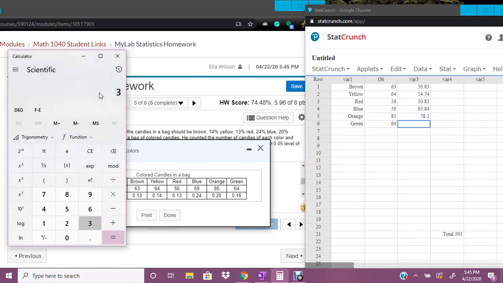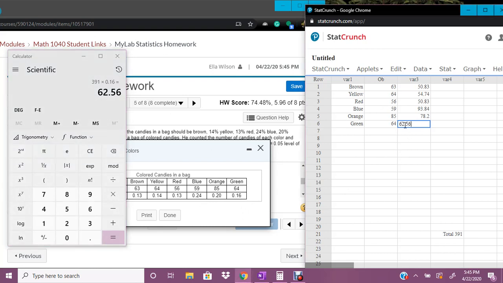Now we're doing green. So we type in our total and multiply it by the percentage. Okay, and these are expected.